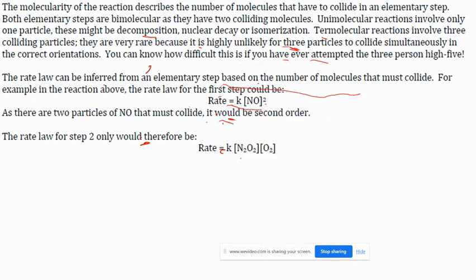The rate law for the second one would be k[N2O][O]. These are first order each, because there are no coefficients with them. So this would also be second order, because 1 plus 1 gives you 2. So you can get the rate law from that equation.